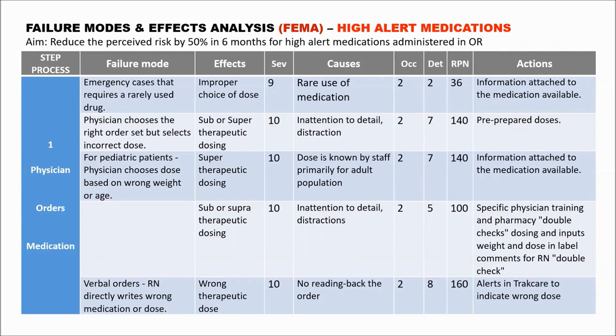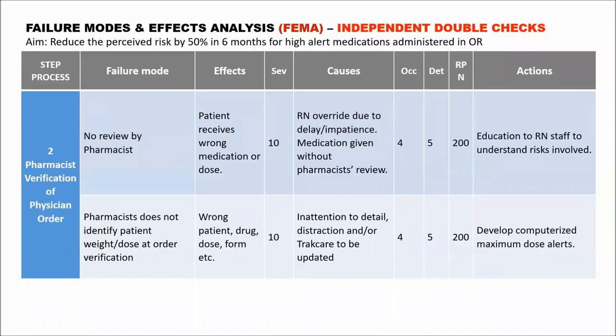Next. Okay, so the next step is pharmacist verification of physician order. The failure mode here is no review by the pharmacist, which would affect the patient by receiving the wrong medication or dose. This is caused by the registered nurse overriding due to delay or impatience, and medication given without pharmacist review.